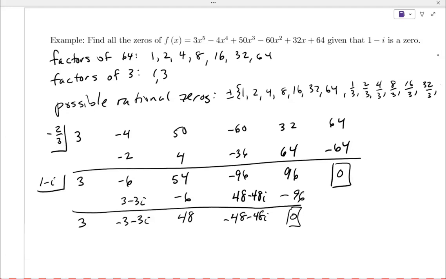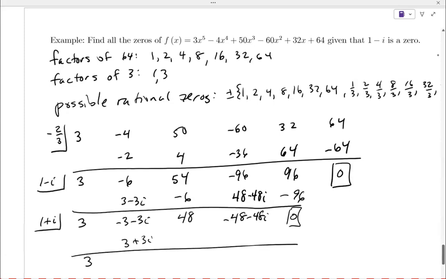Again, we started off with a 5th degree. So what are we at now? 3rd degree, right? We need one more. What's the other 0? 1 plus I. Good. Three multiply, we get plus 3i.